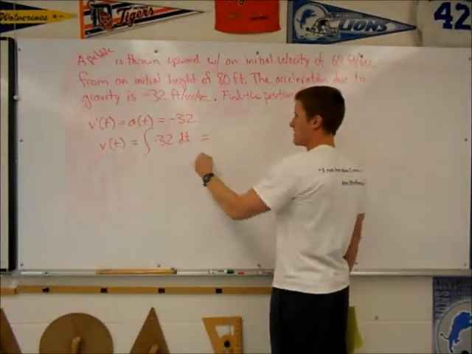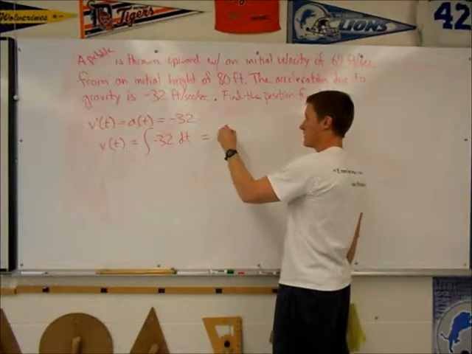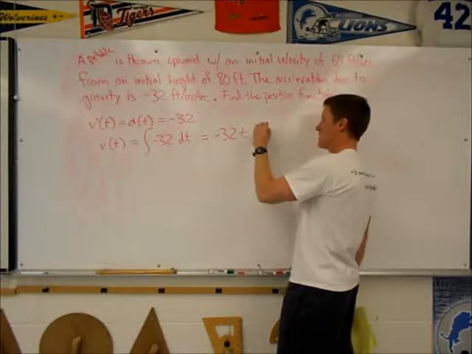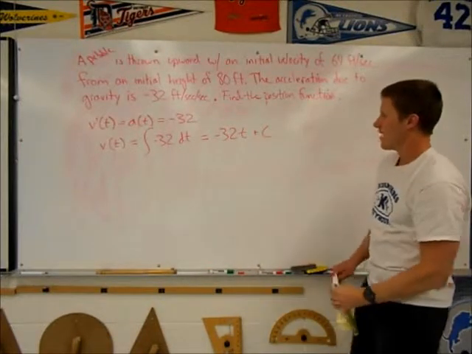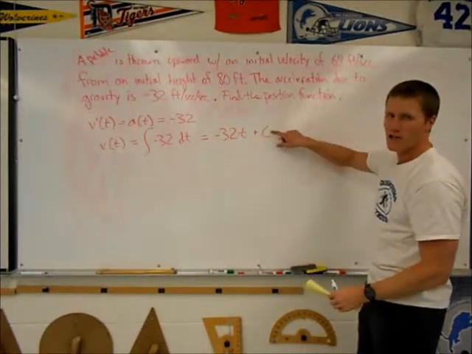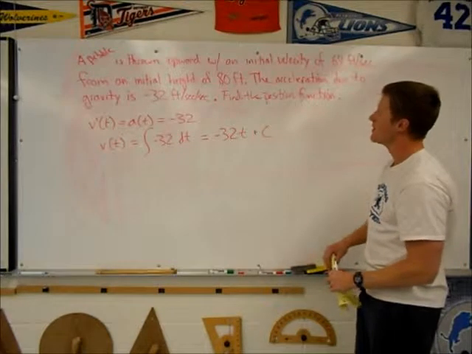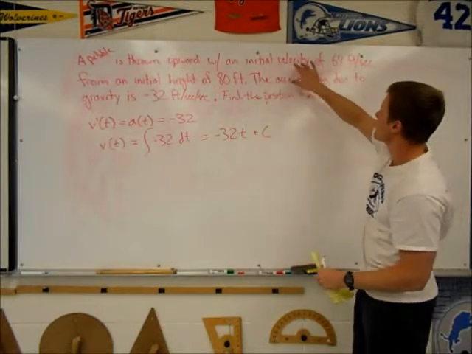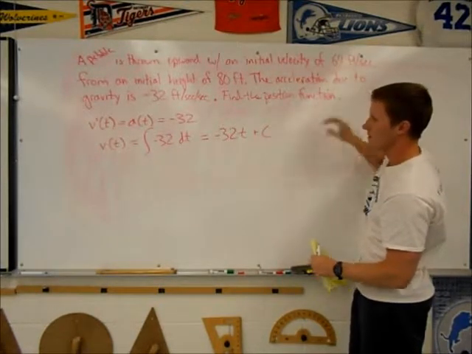This is the easy one to solve for. Negative 32t plus c. I need some sort of initial condition to find out the c. Thankfully, I'm given it. Initial velocity of 64.